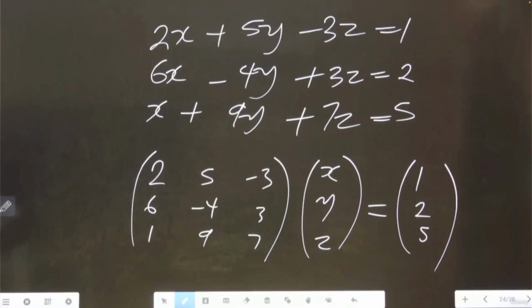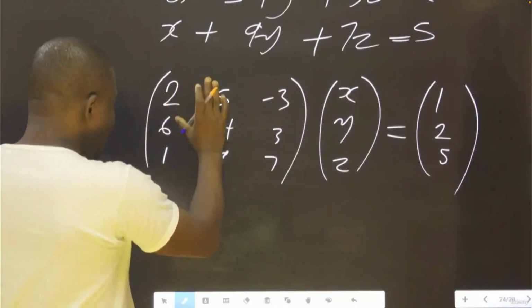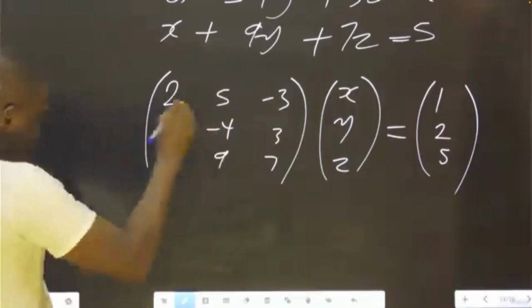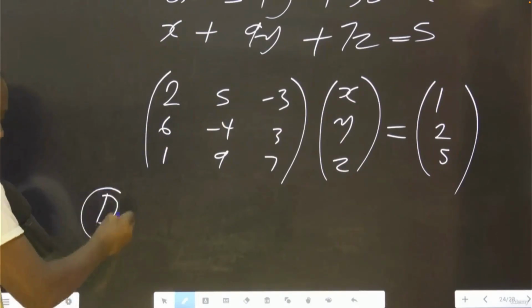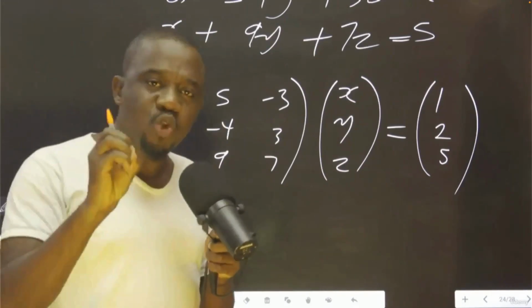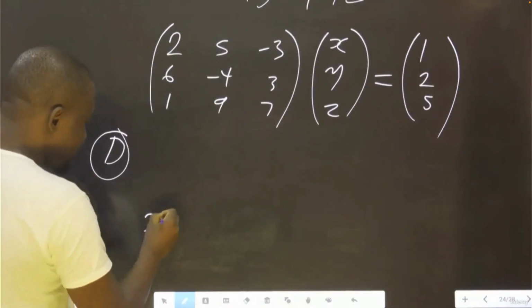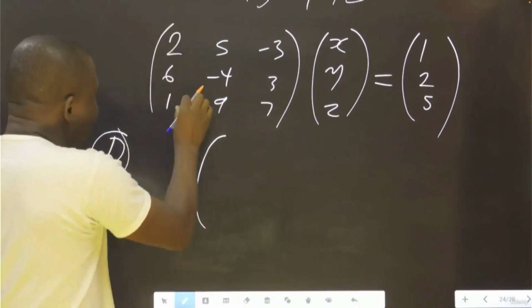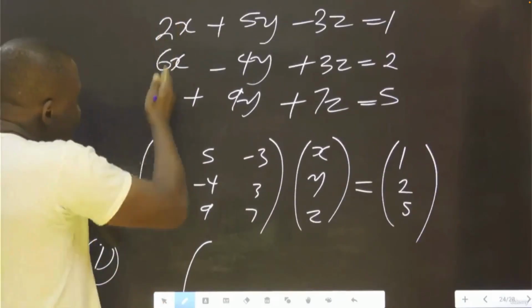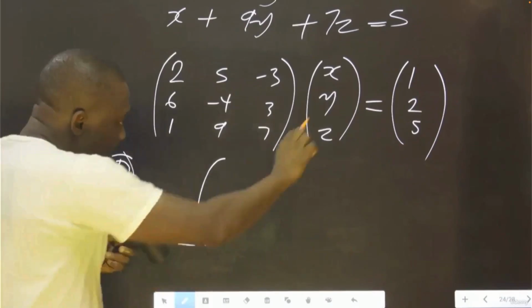Once you finish arranging them like this, he said the next thing you need to do is to find the determinant of this. Let's assume that the determinant of this is D. Once you have the determinant, to get x, he said this first part, which represents x, remove its values and put these values there.